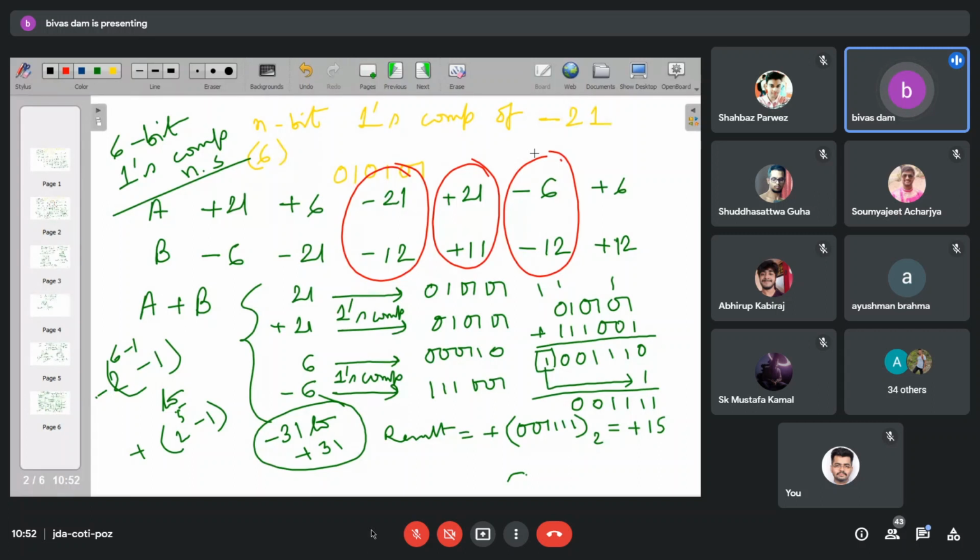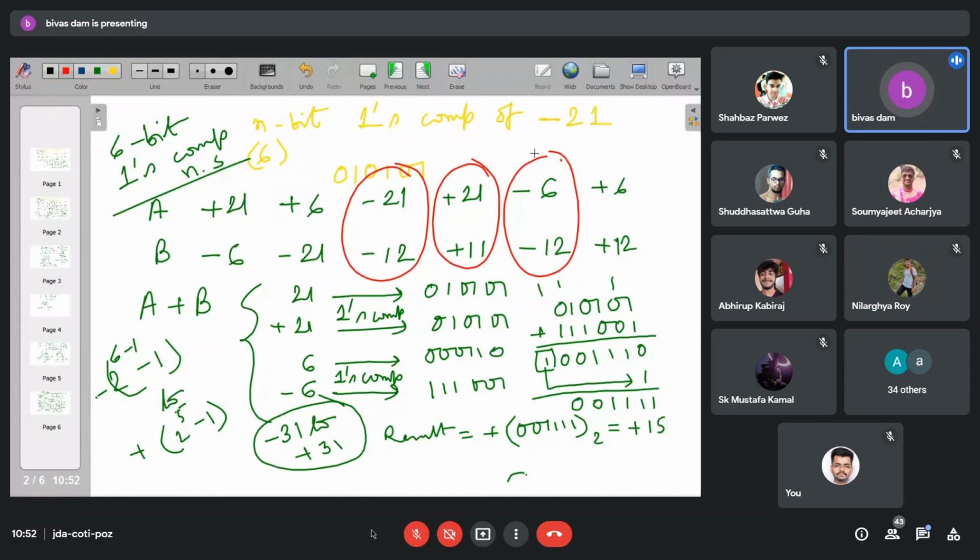If the operands are of opposite sign, is there any possibility of overflow? No, sir. Why? Let's say minus 31 plus 0 or plus 1 will be within range.